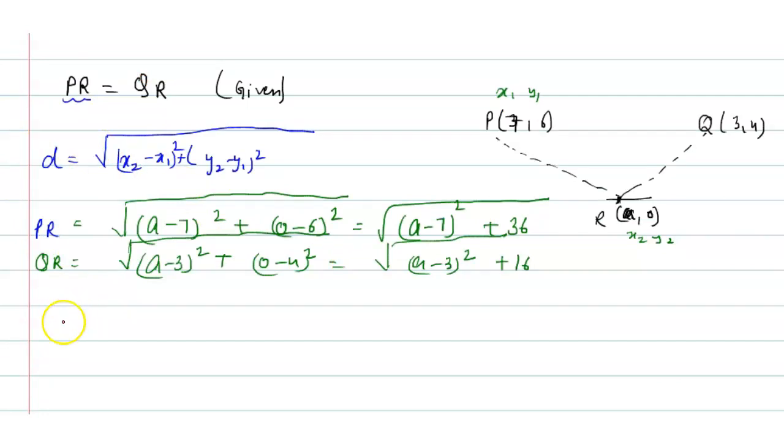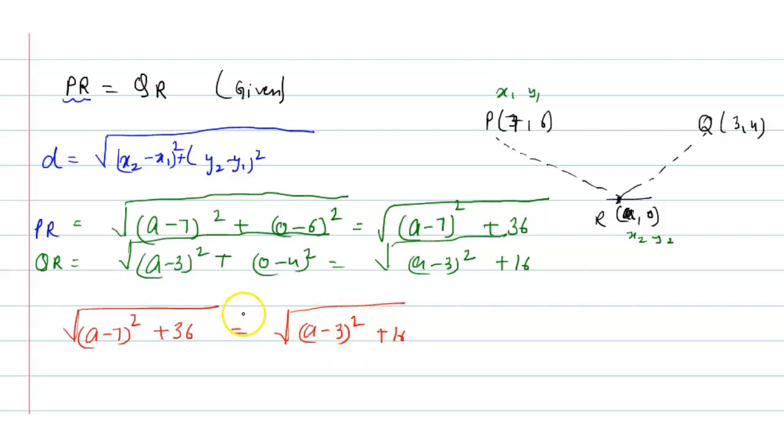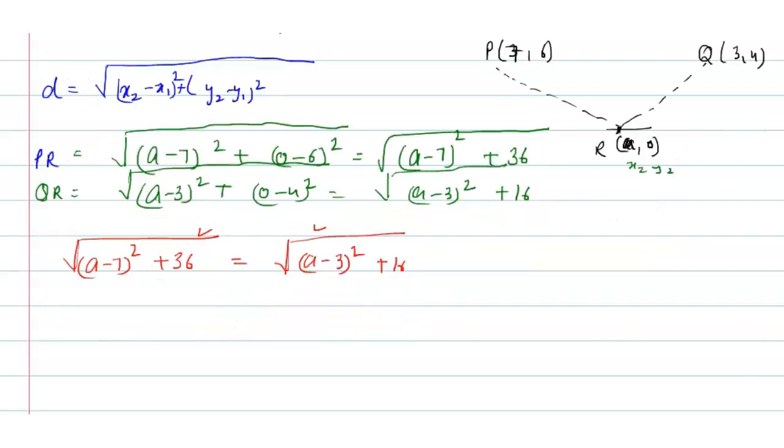So we get root of (a minus 7) squared plus 36 is equal to root of (a minus 3) squared plus 16. Now you can see that there is a root on both sides, so we will apply square on both sides, and the root will be cancelled out.